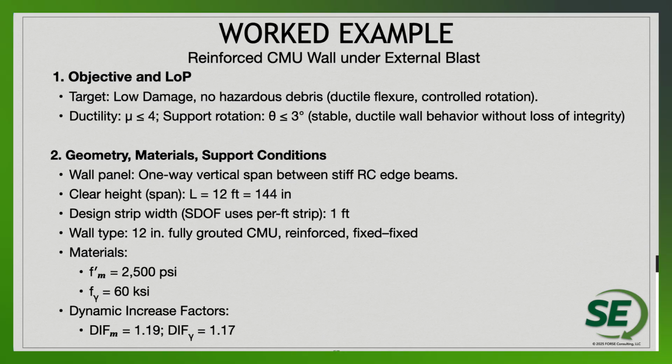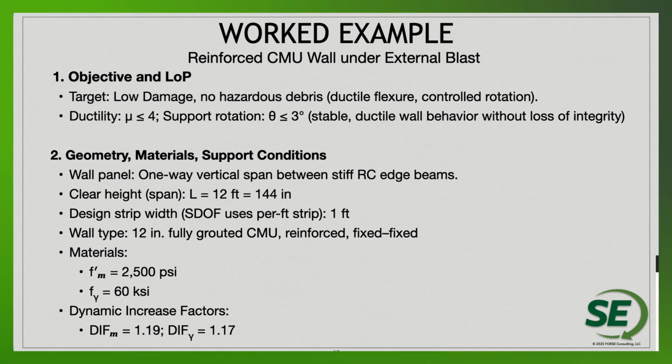And with that in mind, let's walk through a full example here. This is a reinforced CMU wall under external blast. We're going to target a low damage condition level of protection with basically the ductility less than 4, support rotation less than 3. So this is just a stable ductile wall behavior without loss of integrity.